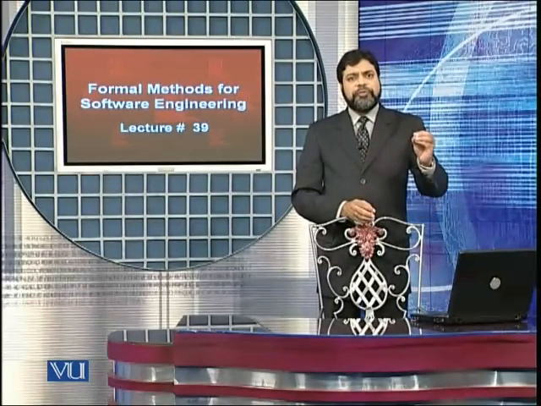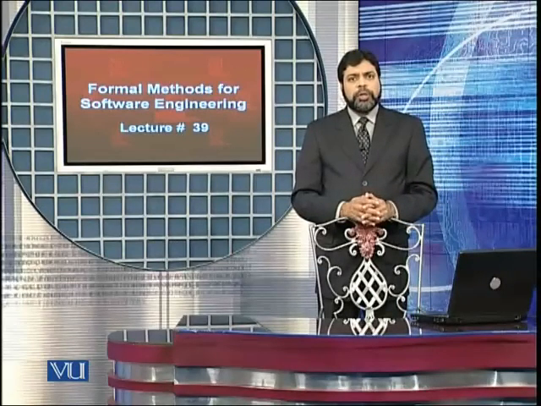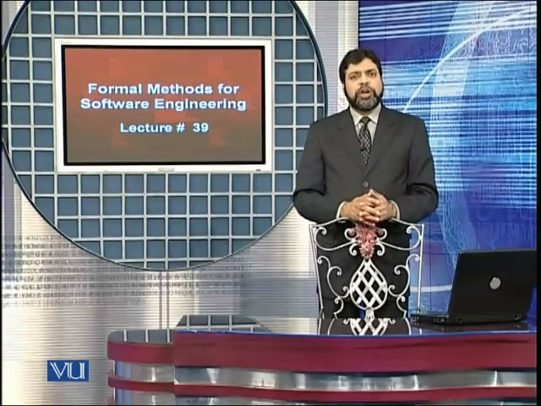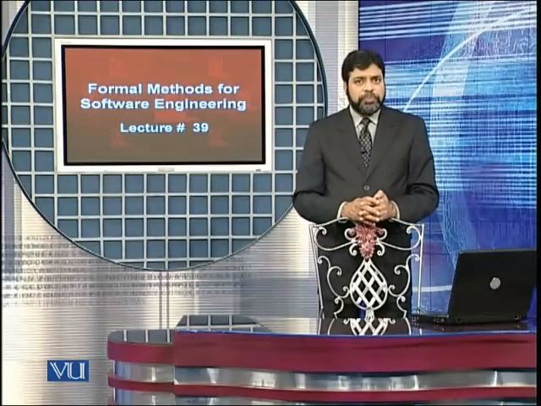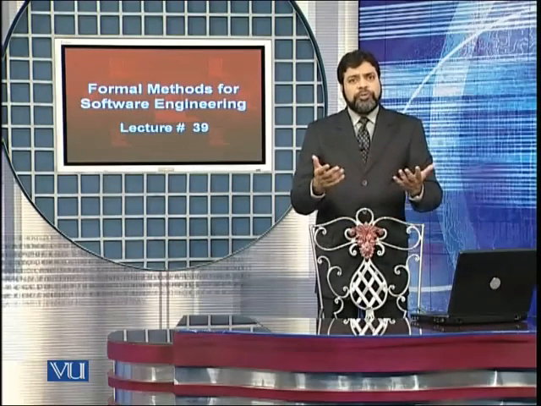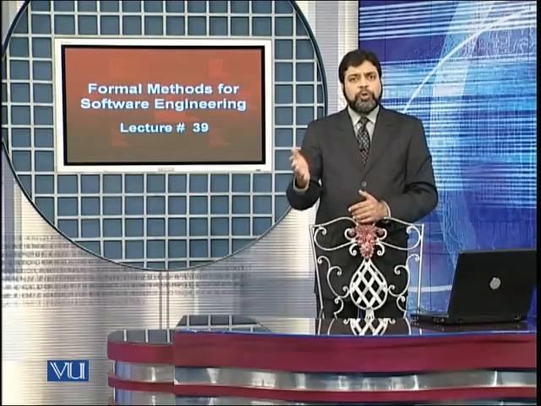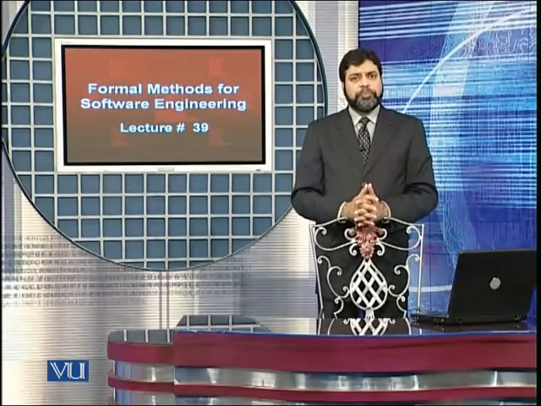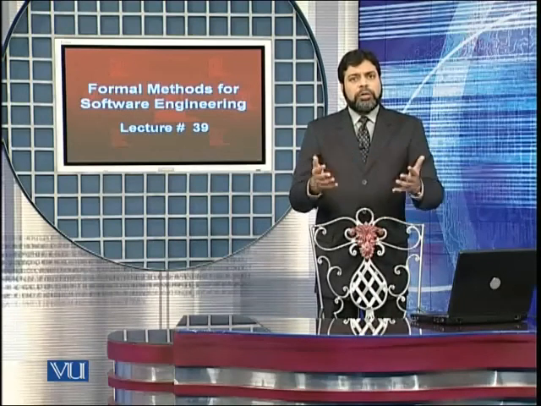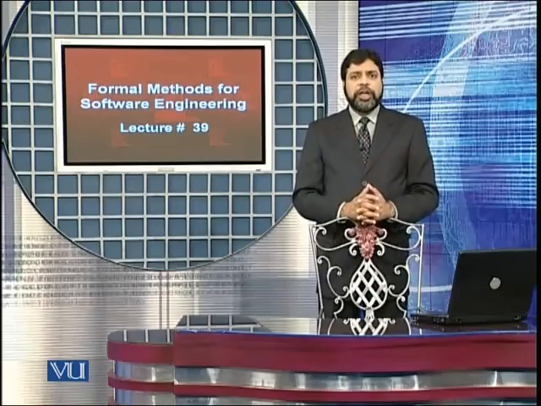And if we have compatible states and compatible operations, then we say that these programs are comparable. Then we have the possibility of one program refining the other program. Now, let us go back and look at it in further detail.